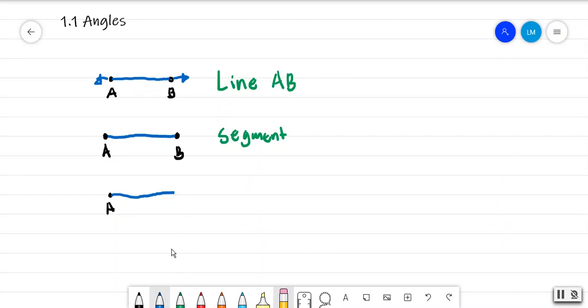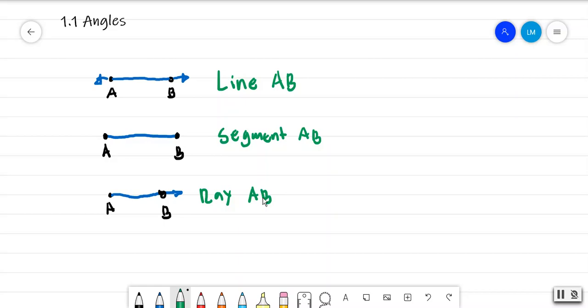We'll put an arrow like that, and then we'll put B right here. So this was the segment AB, and this was the ray AB.